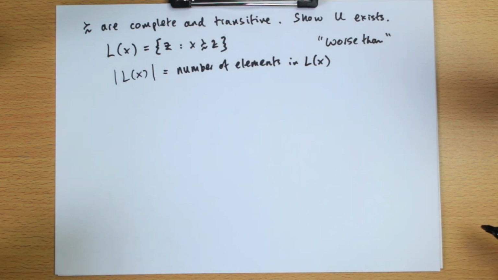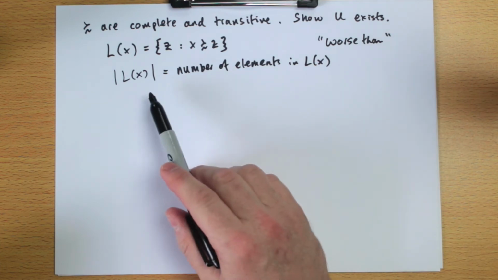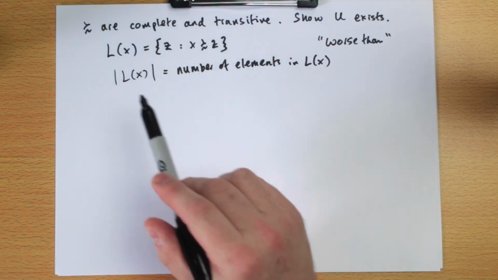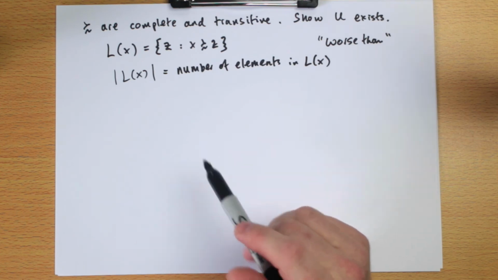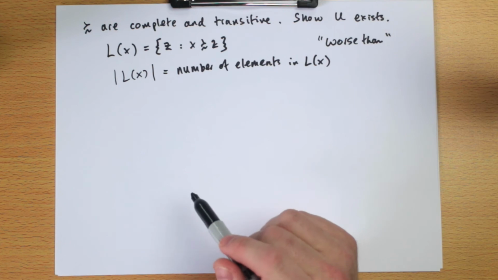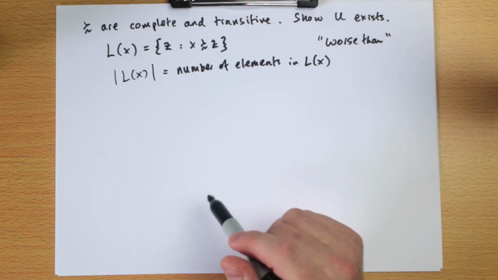That's the number we're looking for. Now, because the set of outcomes is finite, each of these lower preference sets, worse than sets, is going to be finite as well. And so this will always be a finite number for us.